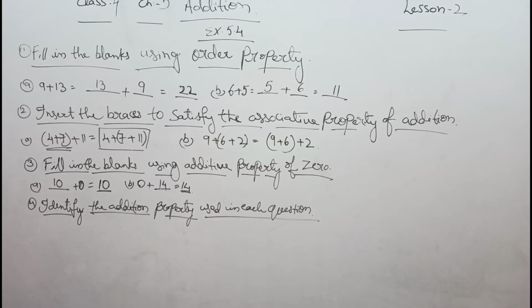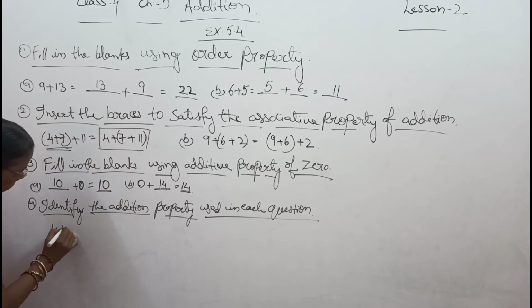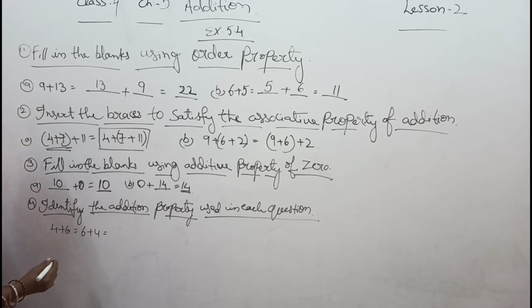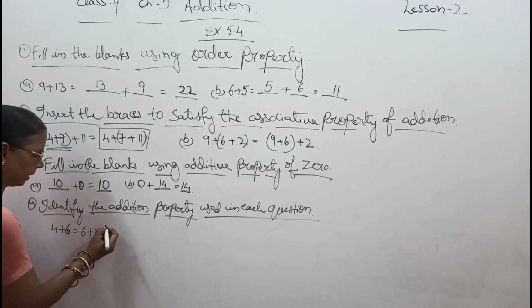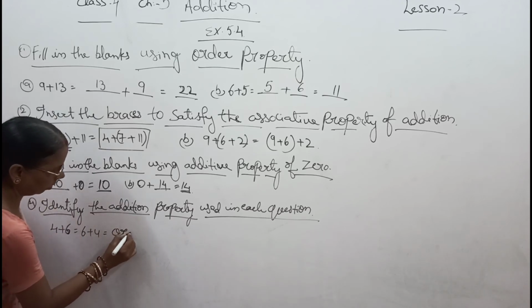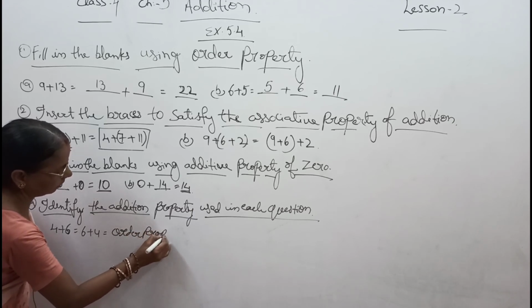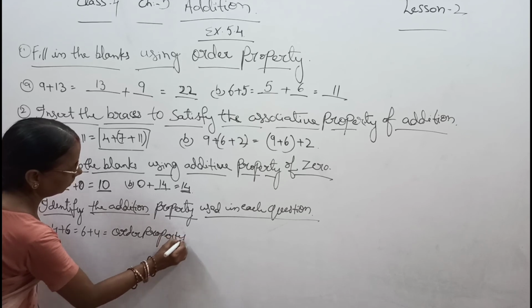It is in the order, that is 4 plus 6, then 6 plus 4. The same numbers in a different order is called order property. It is under order property.